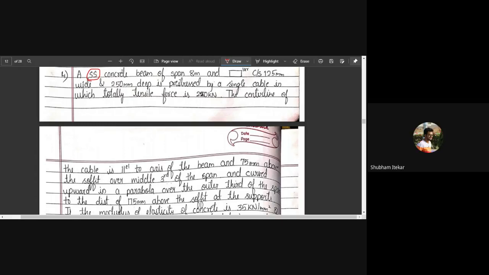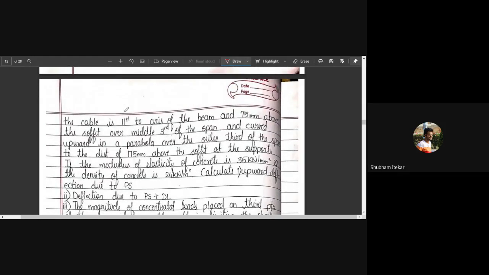This concrete beam of span 8 meters and rectangular cross section 125 mm wide and 250 mm deep is prestressed by a single cable in which the total tensile force is 220 kilonewton. The center line of the cable is parallel to the axis of the beam and 75 mm above the soffit over the middle third of the span, and curved upward in a parabola over the outer third of the span to a distance of 175 mm above the soffit at the support.